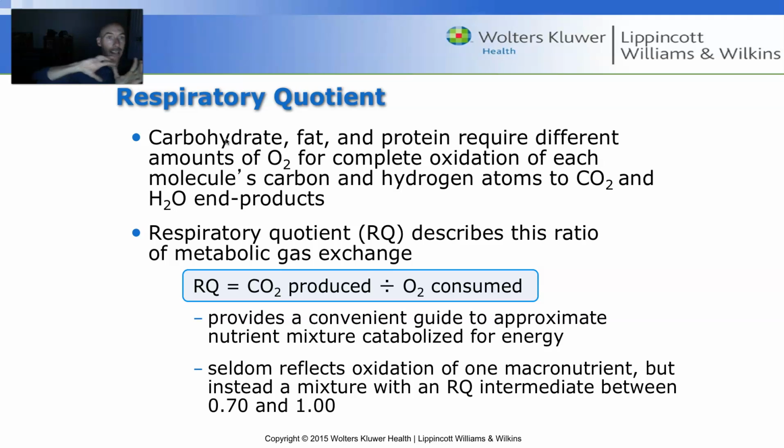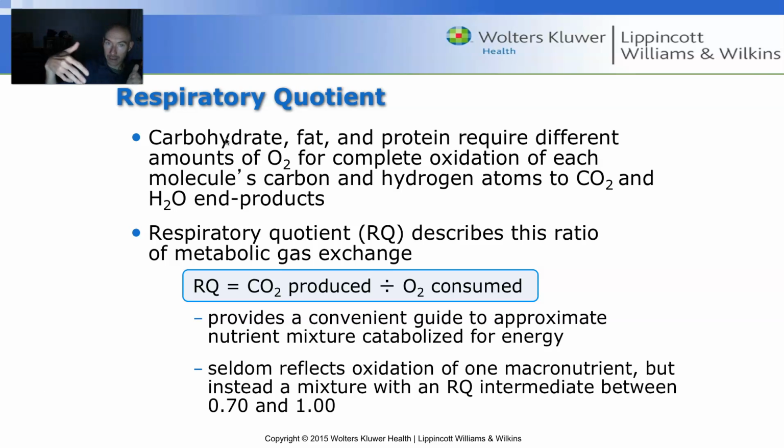So in the gases that we're expiring, we can look at the ratio of CO2 to oxygen that's being expired and determine what the primary fuel source is, be it fat or carbohydrate or protein, at a given time, okay?